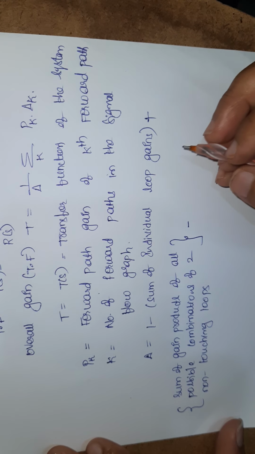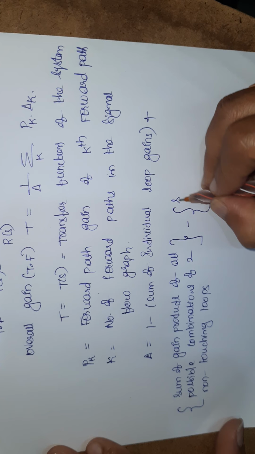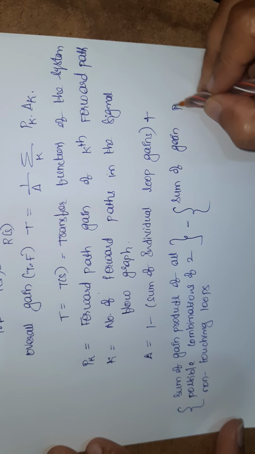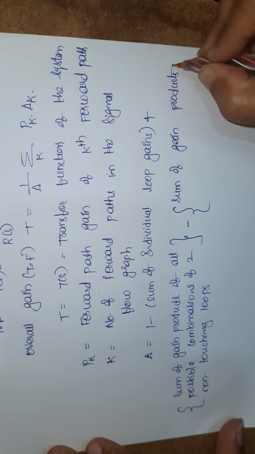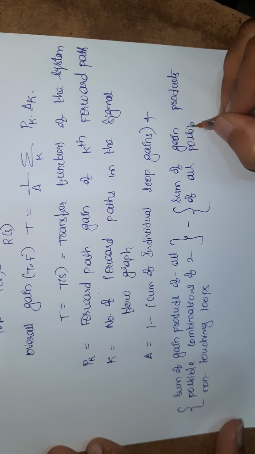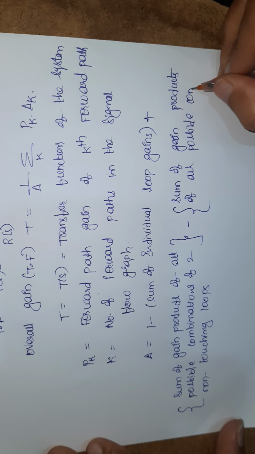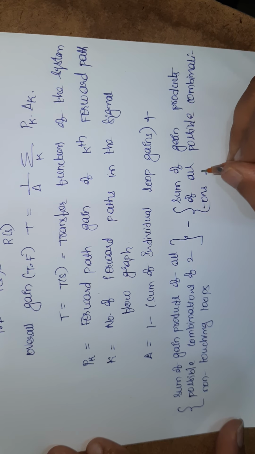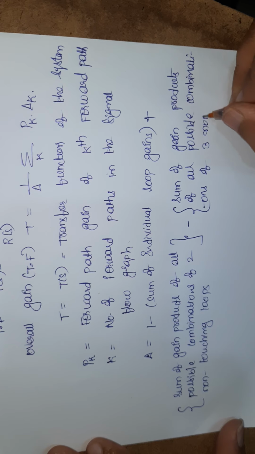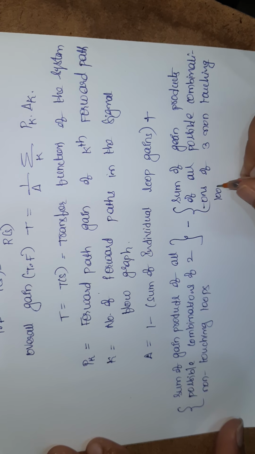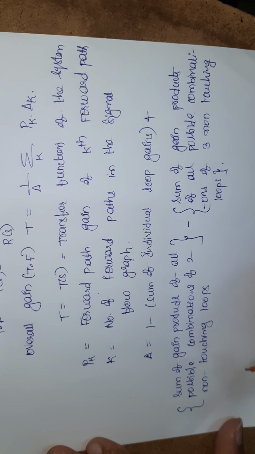minus the sum of gain products of all possible combinations of three non-touching loops, and plus, like that the formula will continue.